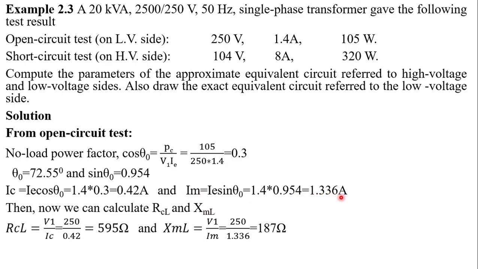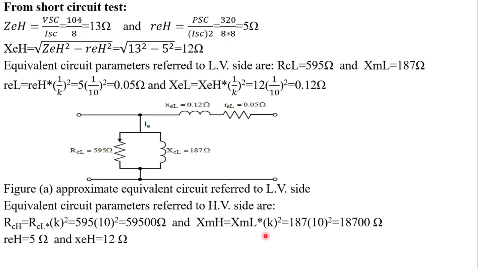Then we can calculate the core loss resistance and magnetizing reactance. The core loss resistance is determined by V1 over Ic, which means 250 over Ic. Ic is 0.42, while the magnetizing reactance is determined by V1 over Im, which is equal to 187 ohm.